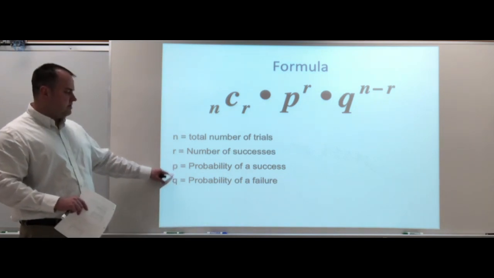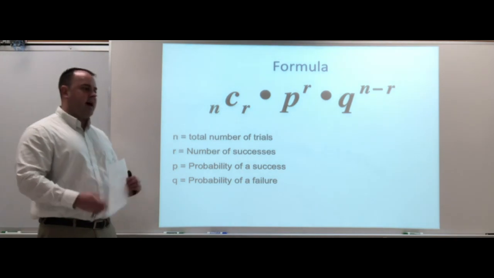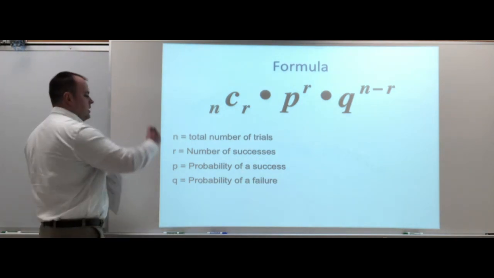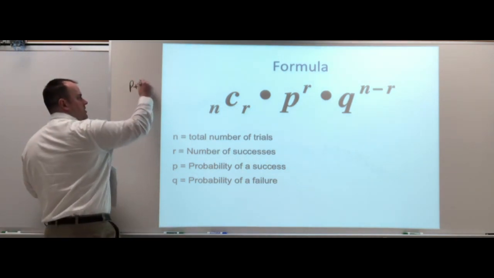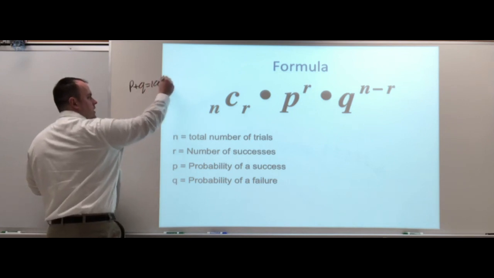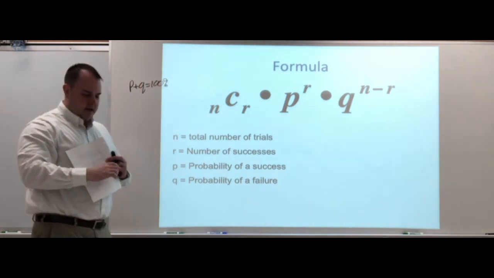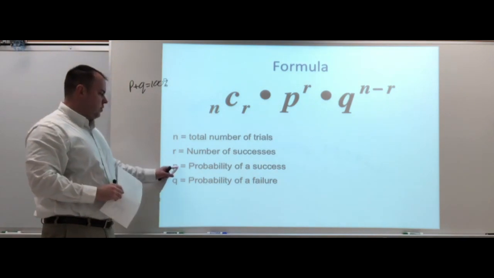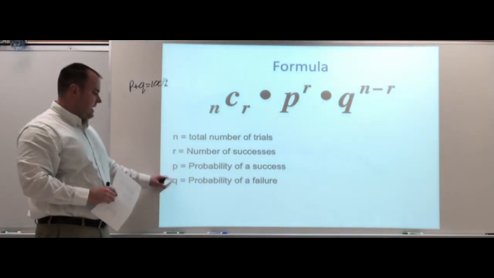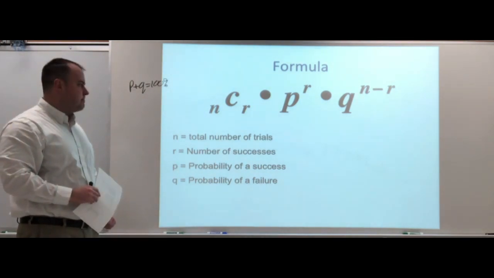Since there are only two outcomes, these are complements of each other. They have to add up to 100%, so p plus q adds up to 100%. Usually the problem only gives you the probability of success, and you then have to figure out what q is going to be.